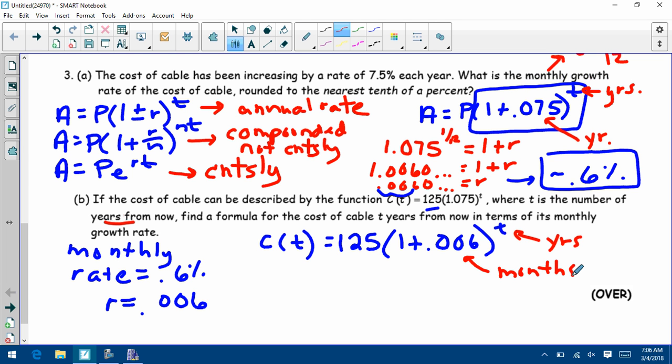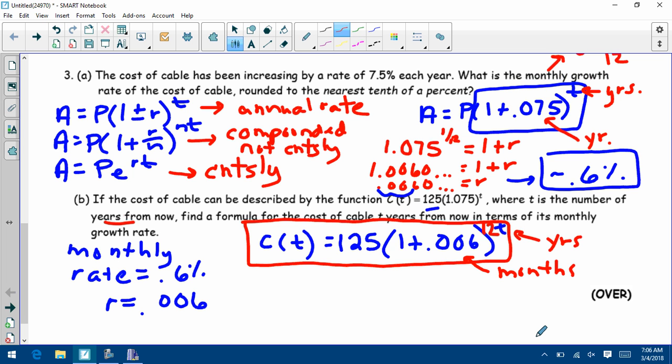So if t was 1, I would really want 12 of these applied. So I have to put a 12 here so that that accounts for each month in that year. So that's my answer. So when I have to make an equation, I have to put in the R value that I need and make sure the exponent agrees with how many of those rates are being applied.